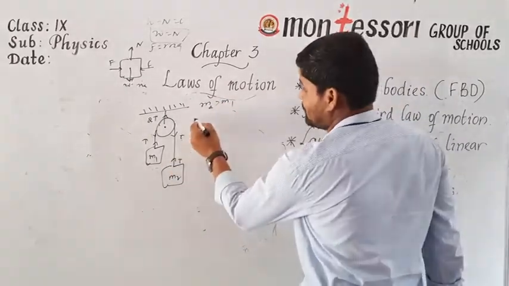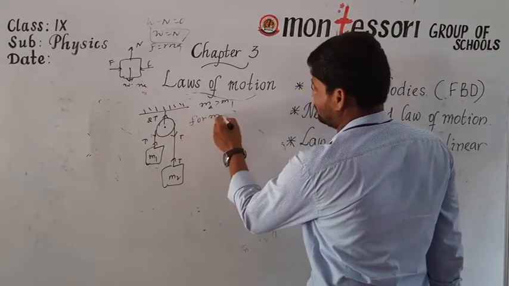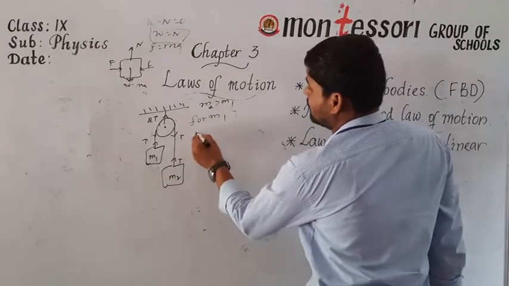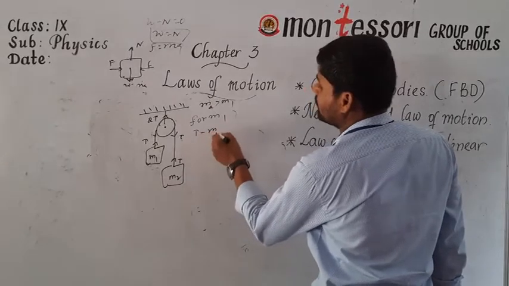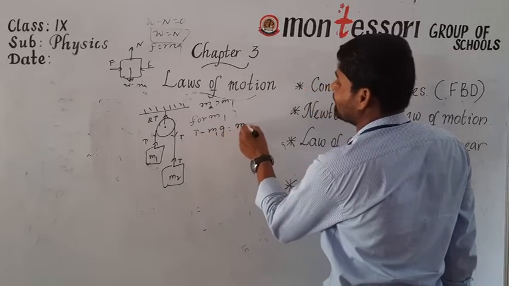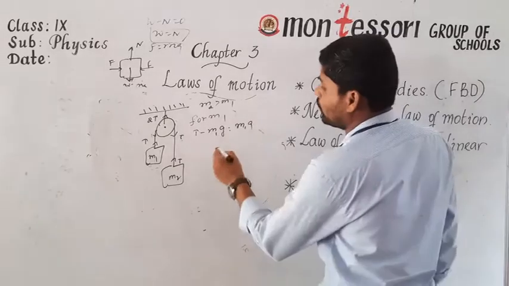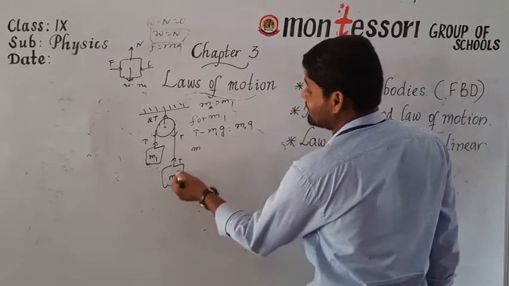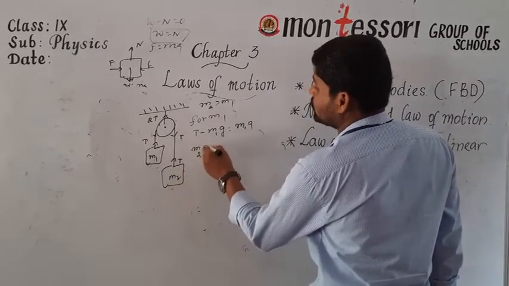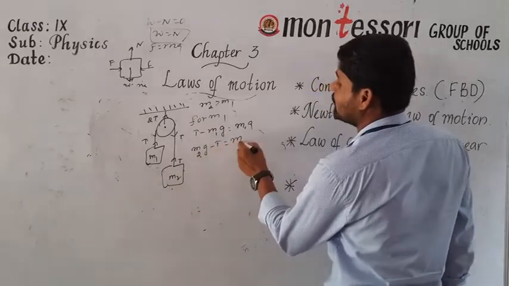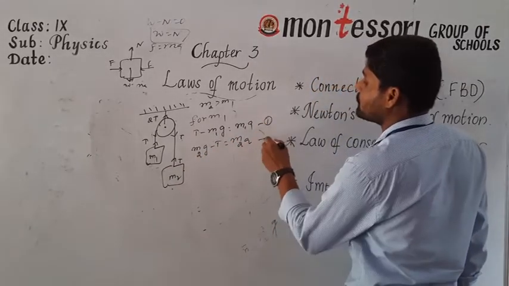In case of the first body, for M1, T minus M1 into G is equal to M1 into A. For the second body, M2's weight is greater compared to tension, so M2G minus T is equal to M2 into A. First equation, second equation.